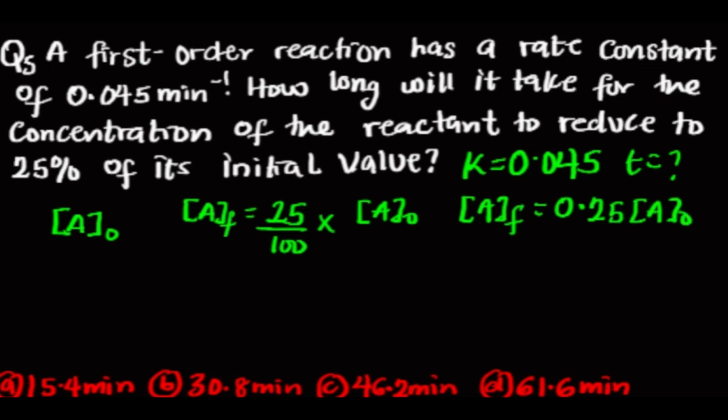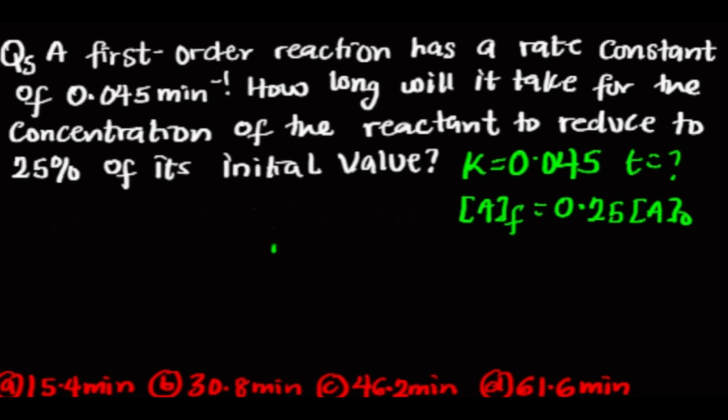Now let's bring out an expression that we can actually use here. If I use the original expression, it's going to take me a long time, so I'm going to use the first one. I can use kt equals the natural logarithm of the concentration of A divided by the concentration of A final.